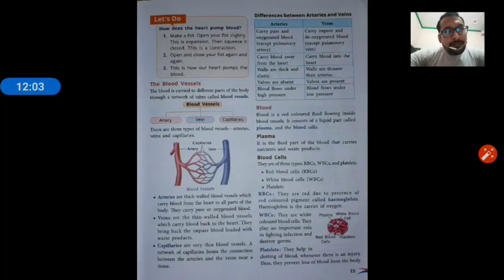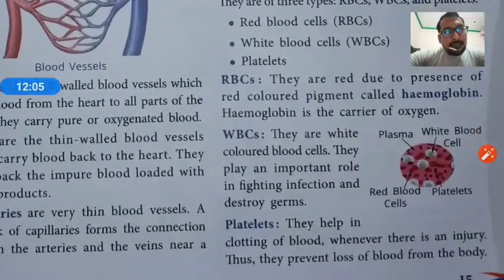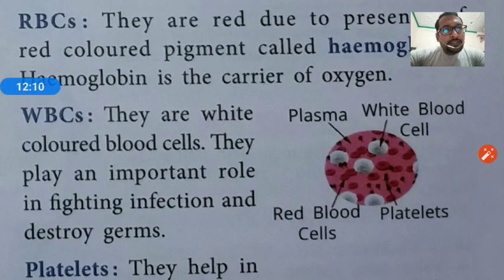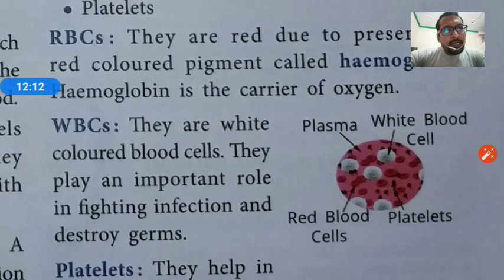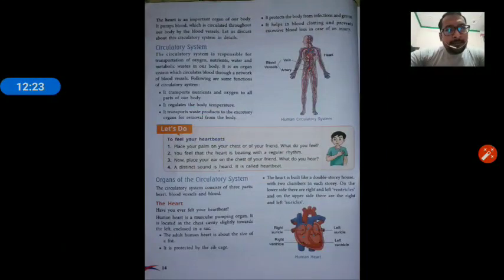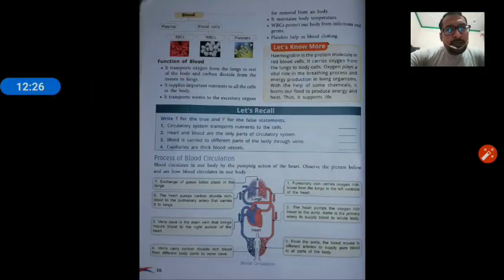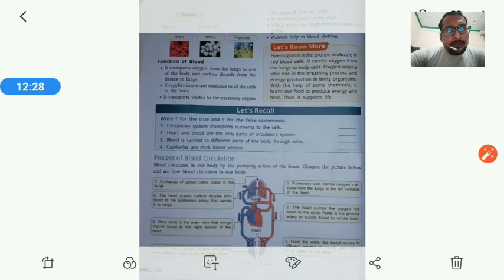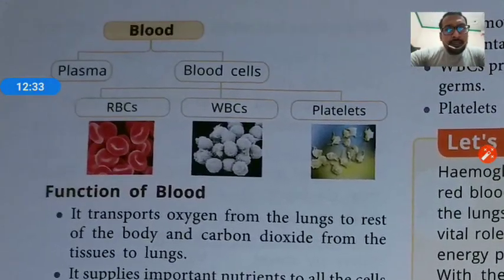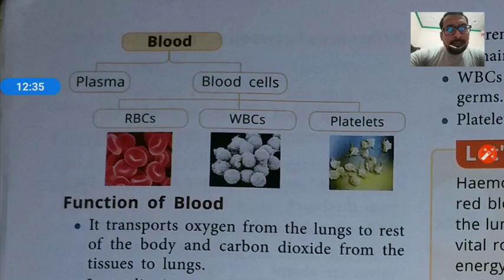Then you have what blood contains. This diagram is also important. You should learn that blood contains white blood cells, red blood cells, platelets, plasma. So practice this diagram. Next you have the flow chart. Here you have a flow chart. This also you practice.